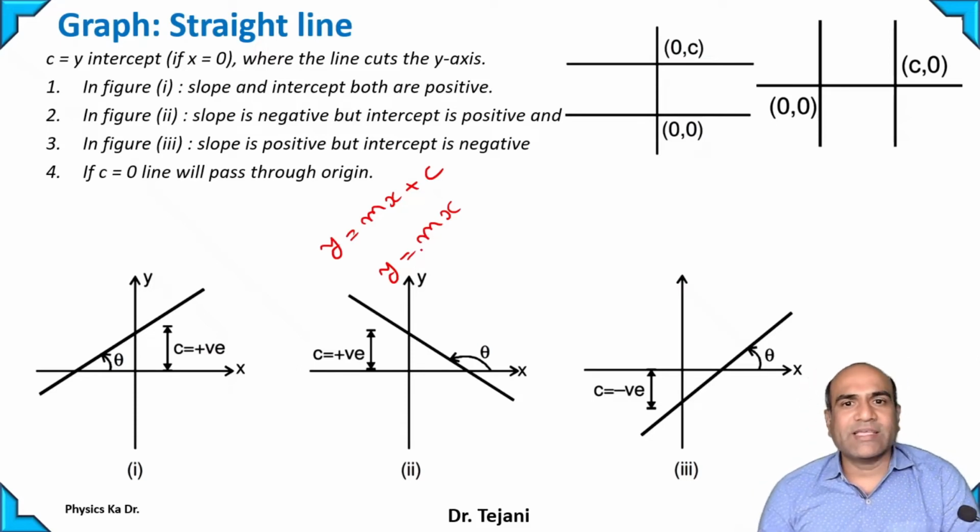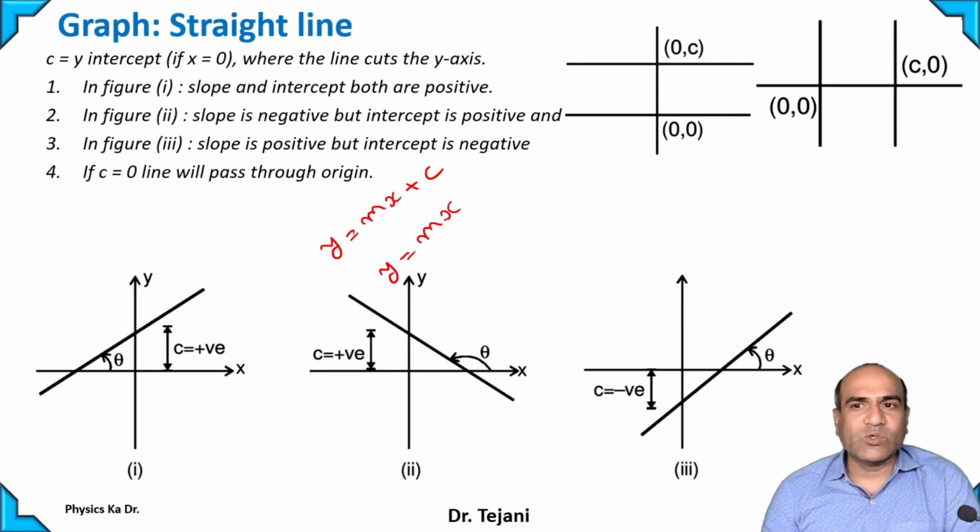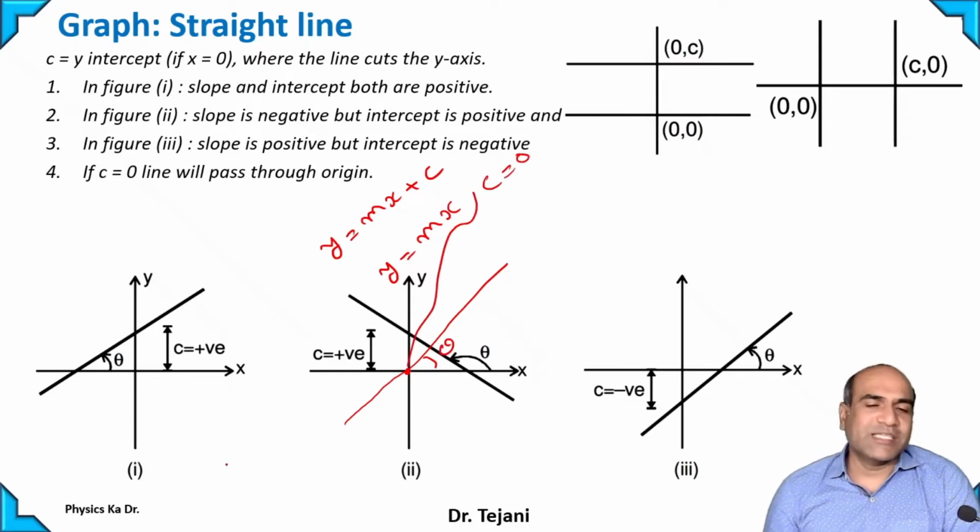So the line has to pass through the origin, because C is equal to 0. It may be in this direction, whatever, if it is positive, it should look like that. This is theta, and it should pass through the origin if C is equal to 0. We know it very well.